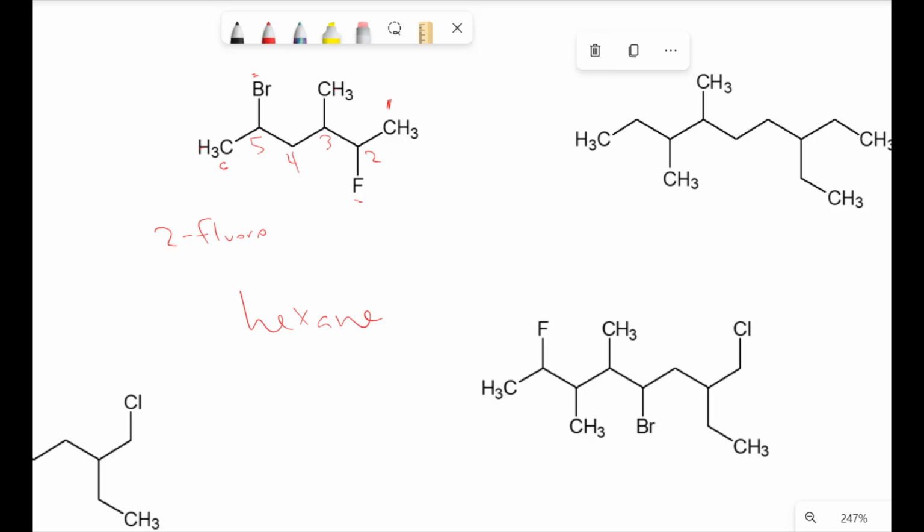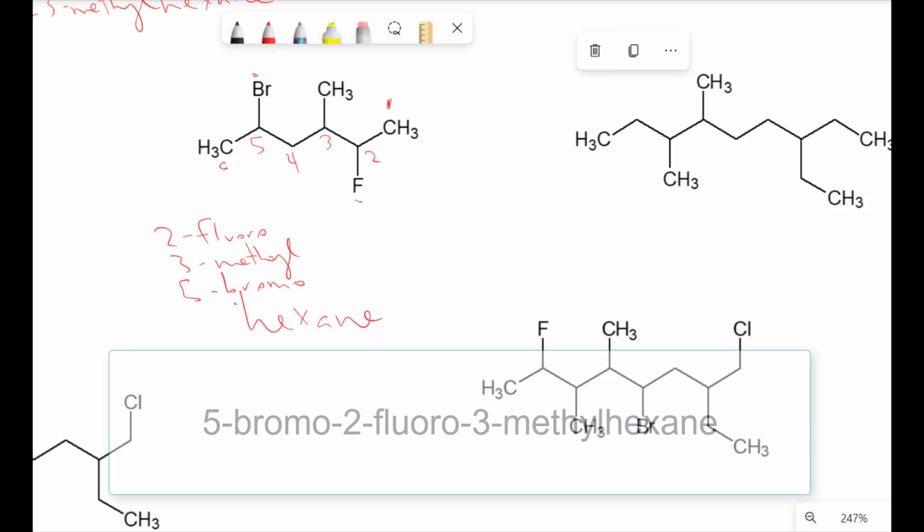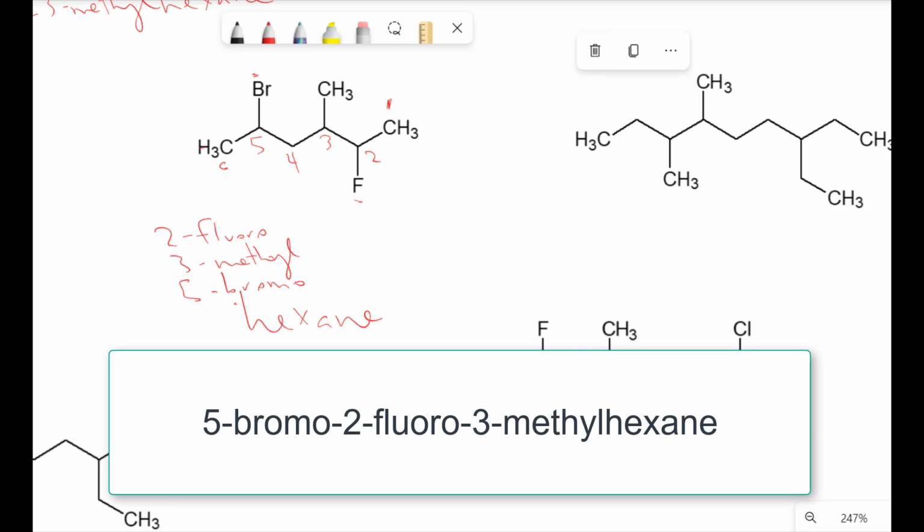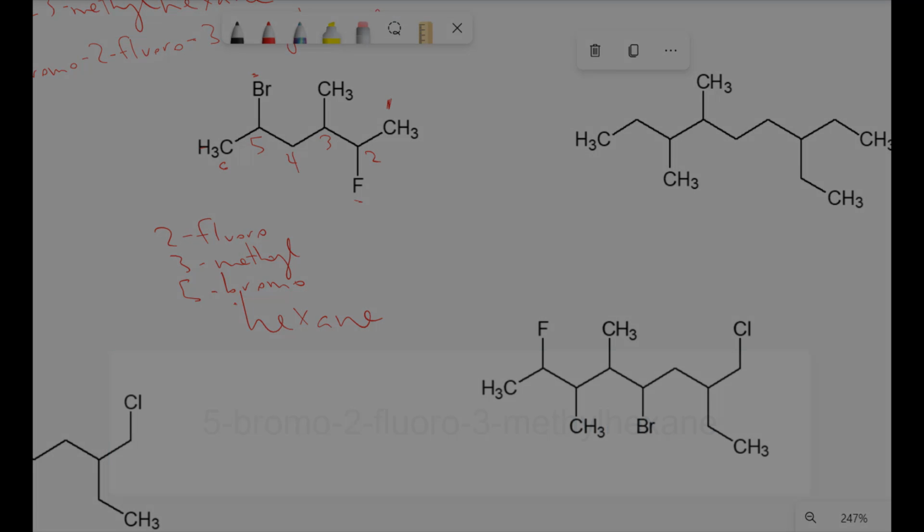In the 3 position again is the methyl, and in the 5 position is the bromo. And so I'm going to put in the 5-bromo, the 2-fluoro, and the 3-methyl will be last again. And then the hexane, all one word.